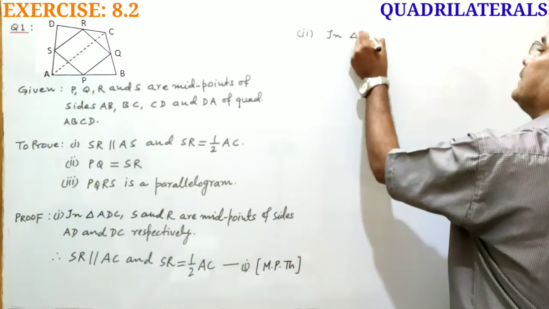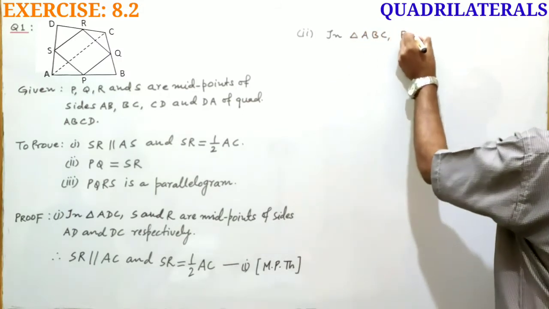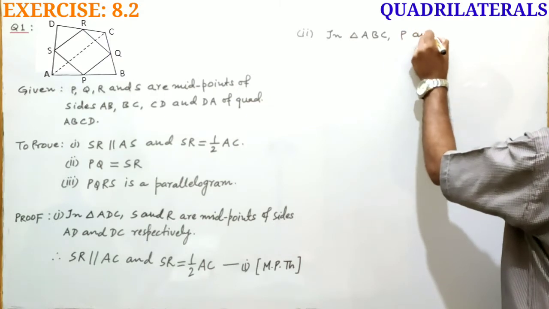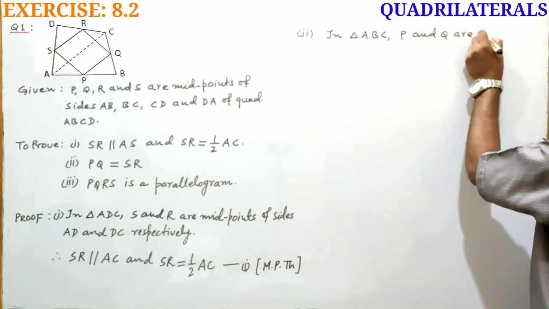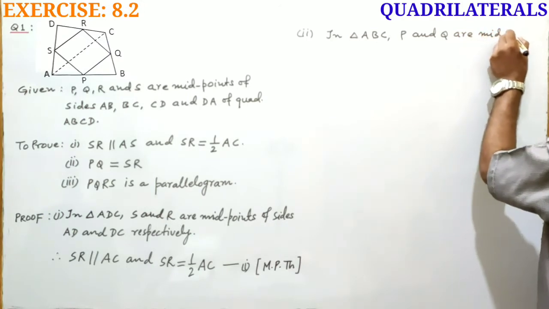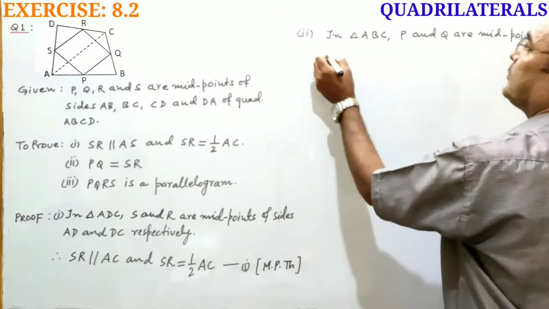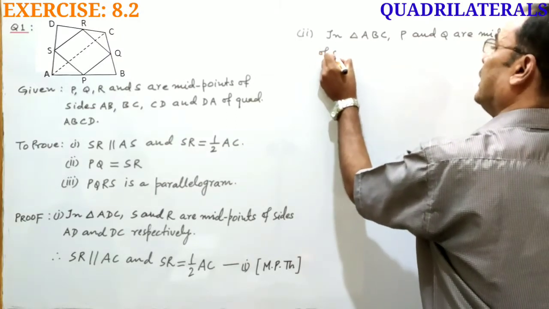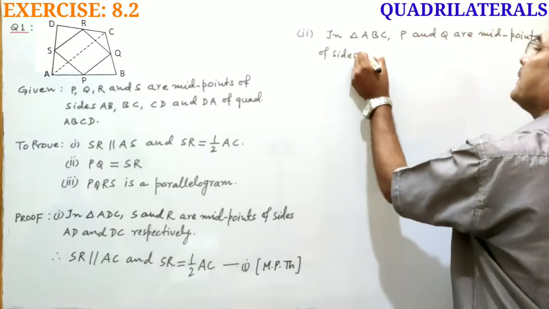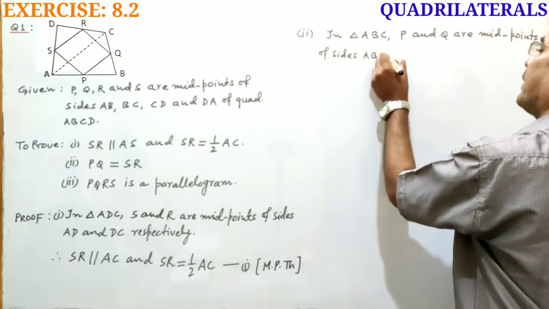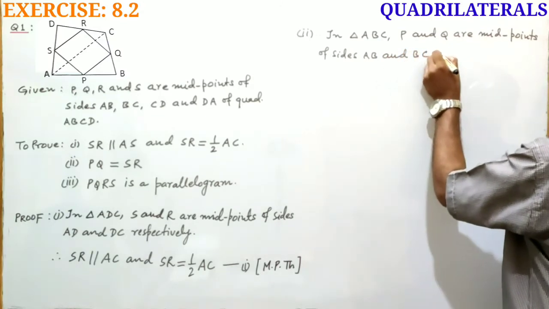In triangle ABC, P and Q are midpoints of sides AB and BC respectively.